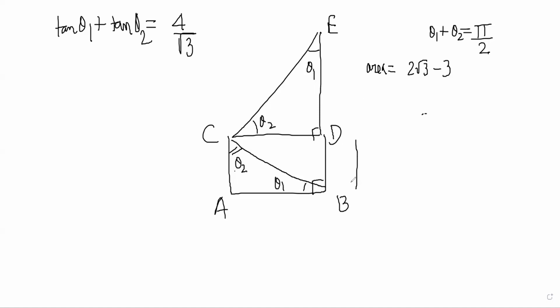Yeah, no sir, CD. So CD is equal to, you are saying, L tan theta 2. Yeah, I'll think about it. Right now, I'm not sure. I'll have to try it.